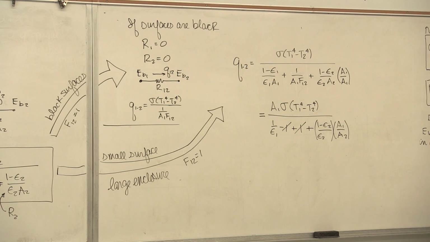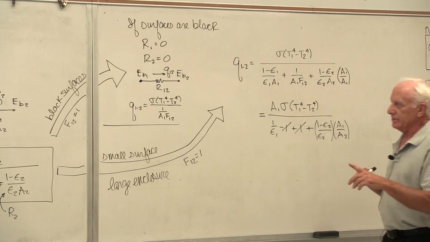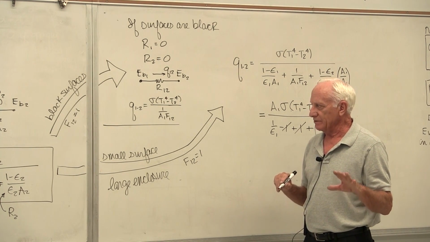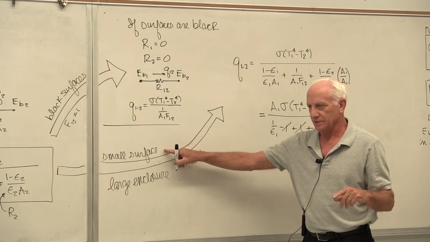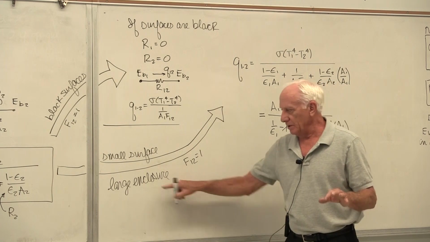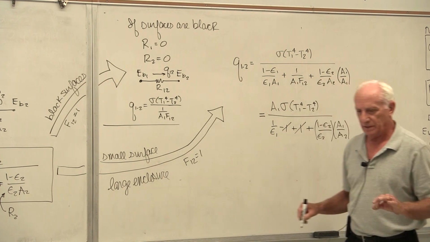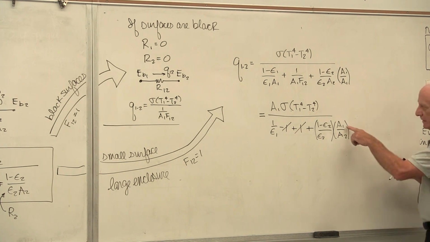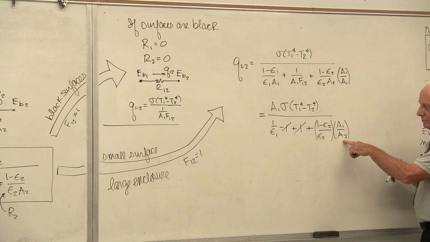Okay. Now here comes the assumption. Someone's told me in the problem, I've got a small surface in a room, that's this one, or they say to me, I've got a surface in a large enclosure, that's this one. It can be stated either way in a problem, but they both give you the same conclusion. A small surface means A1 is small compared to A2.